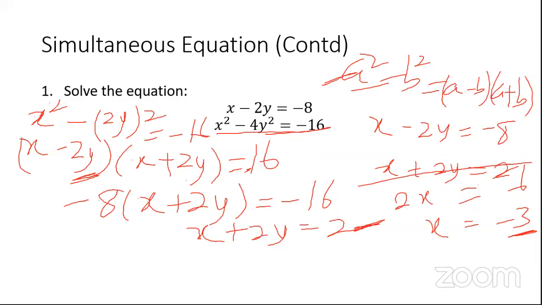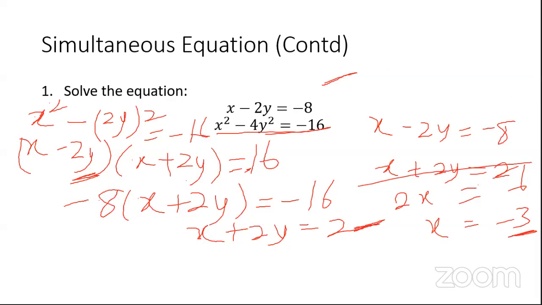In equation 1, I have minus 3 minus 2y equals minus 8.